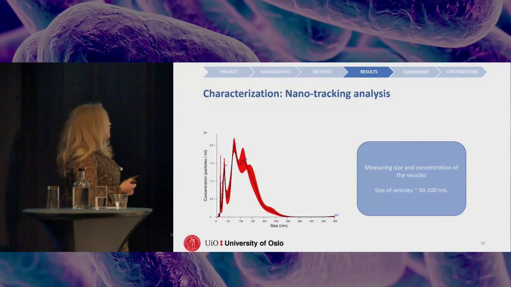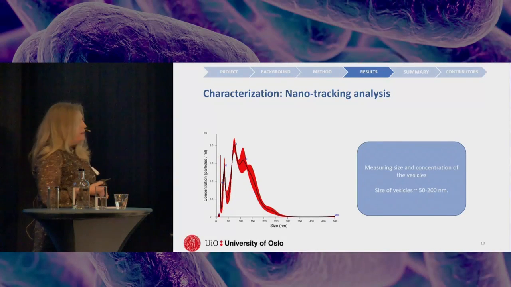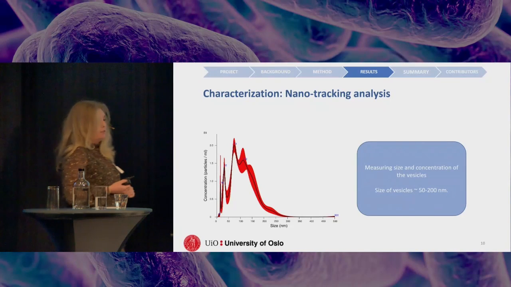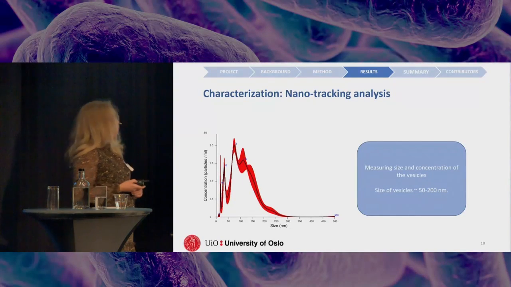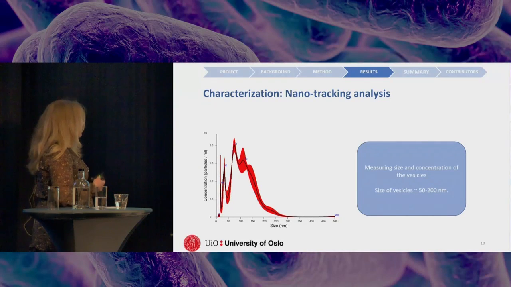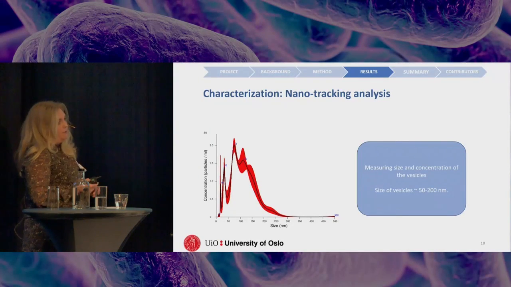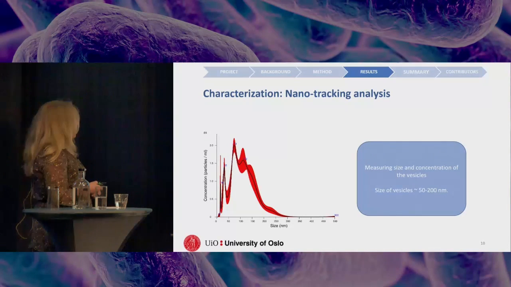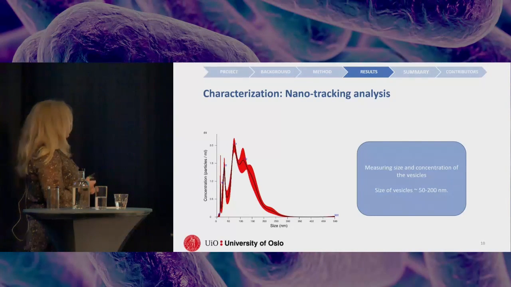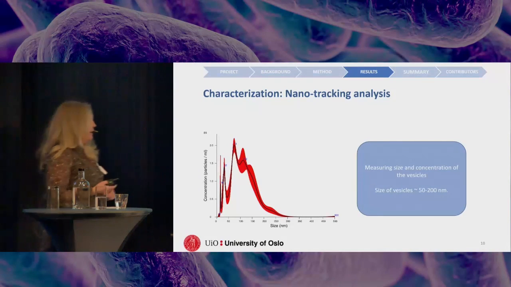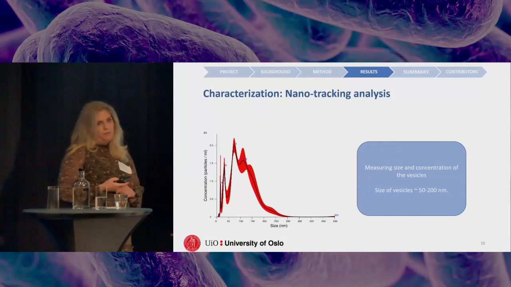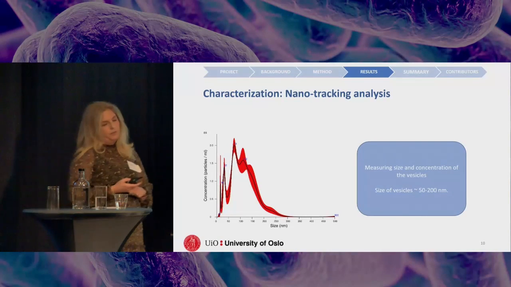The first thing we do is use nanoparticle tracking analysis to measure the size and concentration of the vesicles. In this graph you can see one sample of a bacteria, and the mean size of the vesicles is 110 nanometers. We often found the vesicles to be from 50 to 200 nanometers.